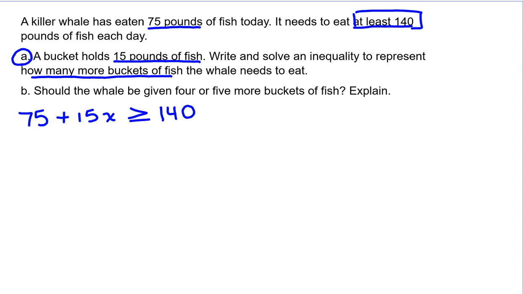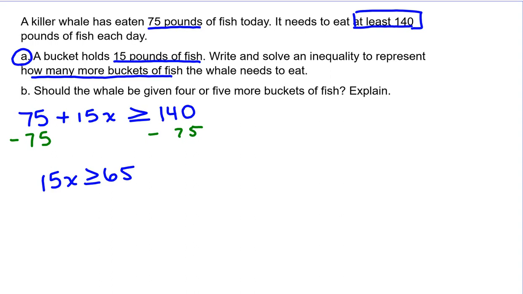140. So now that we have our inequality, we can easily solve this. Well, we do this just like an equation. So we're going to subtract 75 from each side because we're solving for x. We're left now with 15x is greater or equal to 65.